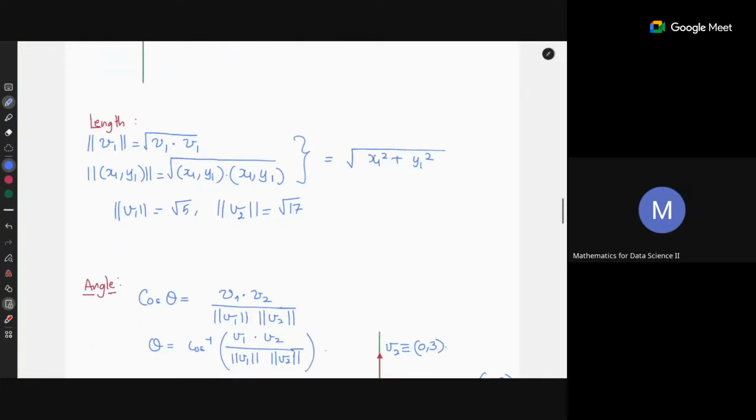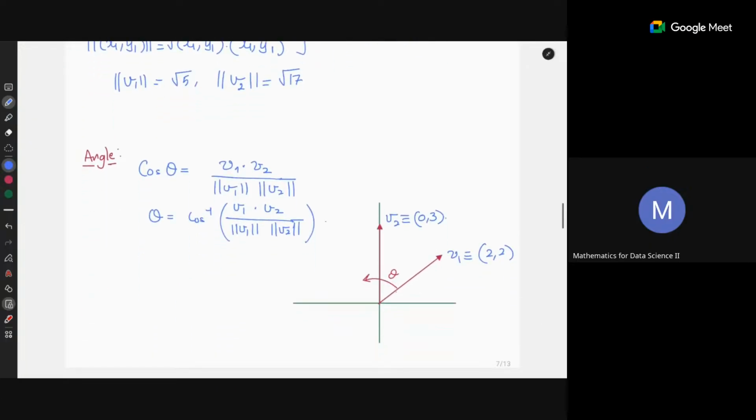All right. Now, given two vectors in R2, we can also define an angle between those two vectors. Usually the angle we measure is anti-clockwise, that means starting from the x-axis and going towards the y-axis.